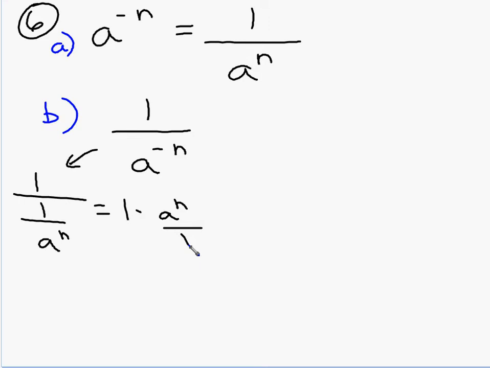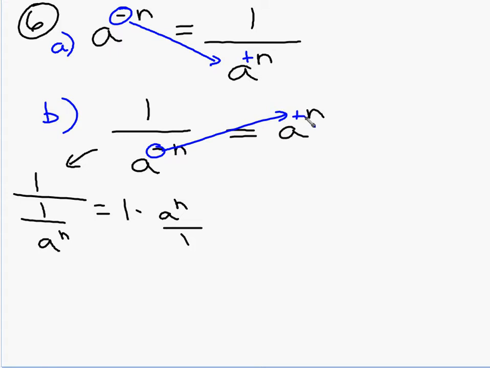And so what you get is, in this case, just a to the n. So if you have a negative exponent in the denominator, it basically moves to the top. In other words, they just kind of trade places. If you have a negative exponent up here, it goes to the bottom but becomes positive. If you have a negative exponent down here, it goes to the top but becomes positive.